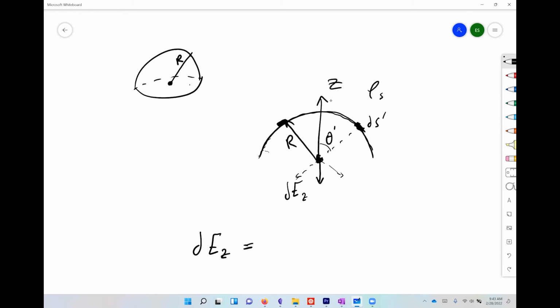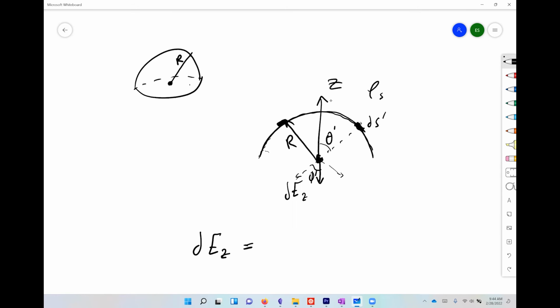So what is the field due to this surface element? First, this is phi prime.